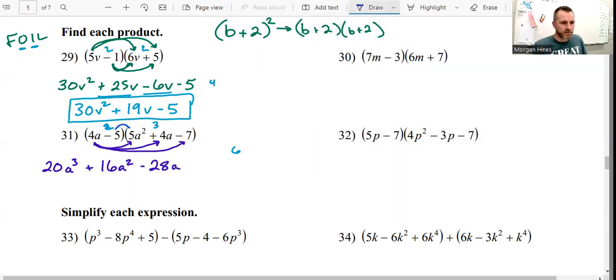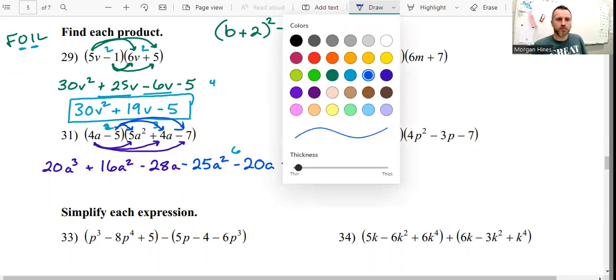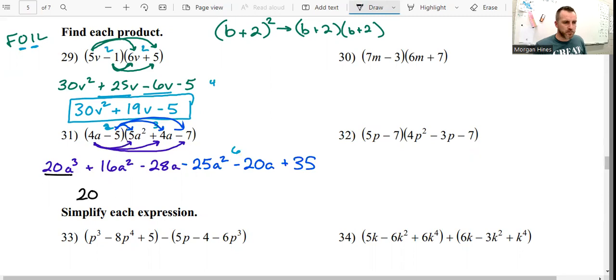Then we've got negative 5 times 5a squared, negative 25a squared. Negative 5 times 4a, negative 20a. Negative 5 times negative 7, 35. We got some like terms again. So we got 20a cubed. That's the only a cubed term, but we have 2 terms that have a squared in them.